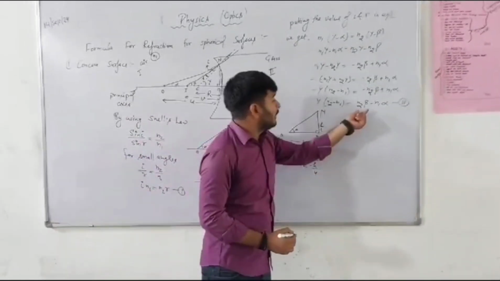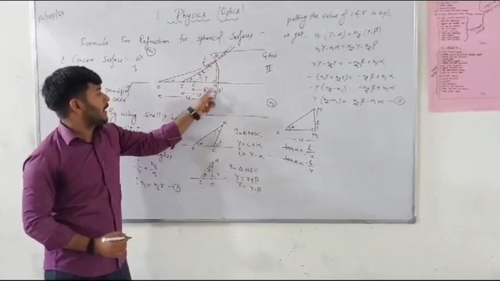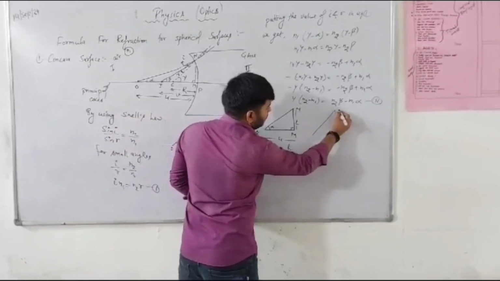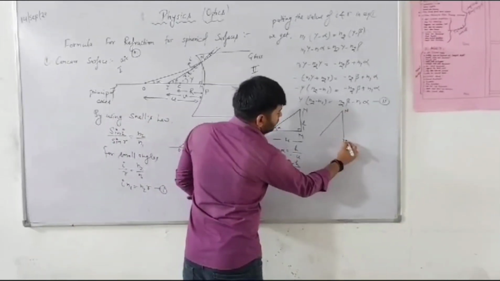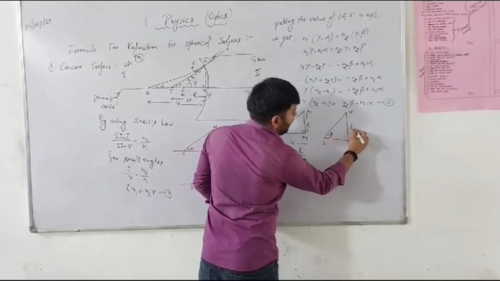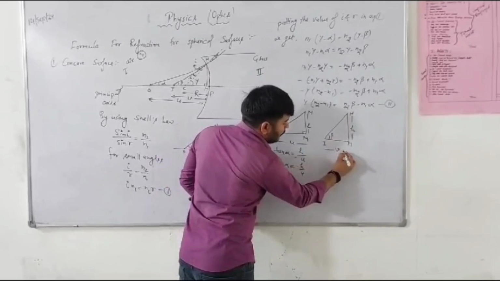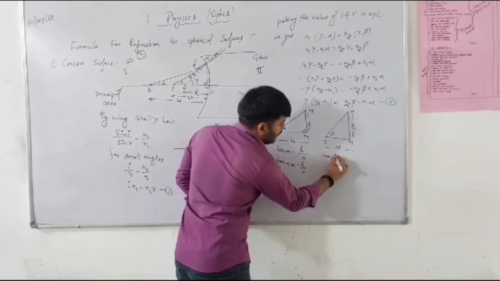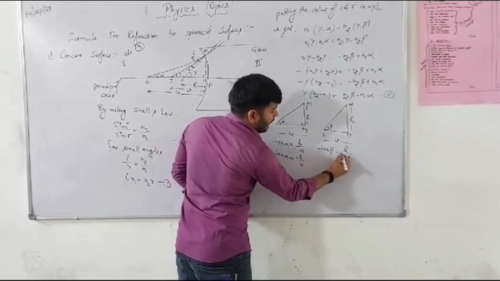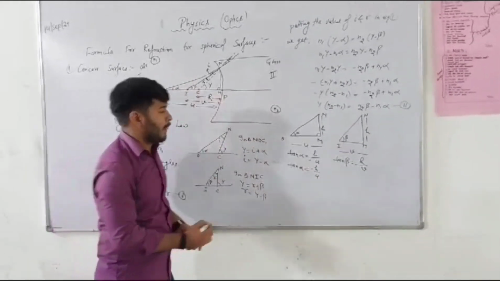Similarly, if you want the value of beta, we have to look into the triangle NIM. If you draw this, it will be like NMI. This is our beta angle, this is height h, and the distance from I to M will be v. So tan beta will be equal to h upon v, and this will be negative since we are taking the distance towards the left side from the pole.